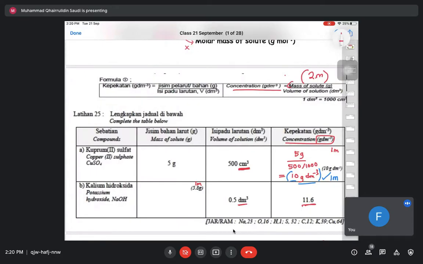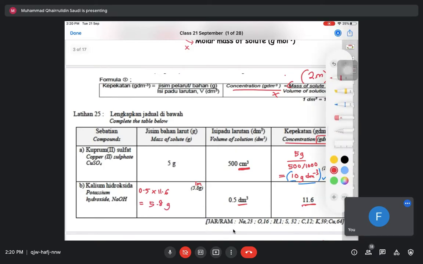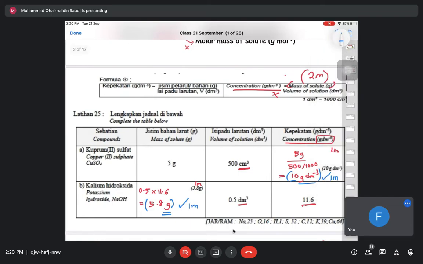Mass of solid is volume times concentration: 0.5 times 11.6, you will get 5.8 gram. You must have the unit as well and you will get 1 mark. If no unit, no marks. Can we proceed?